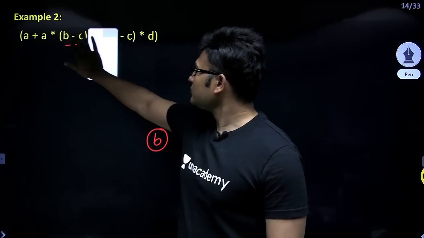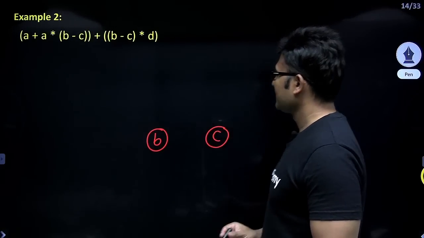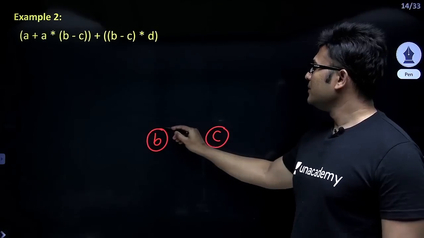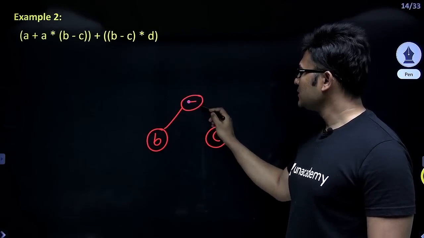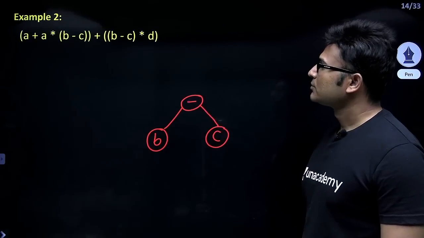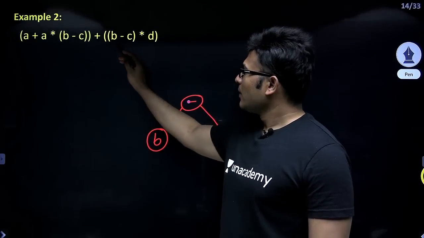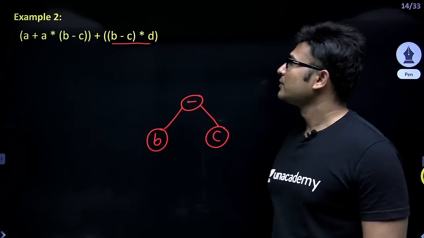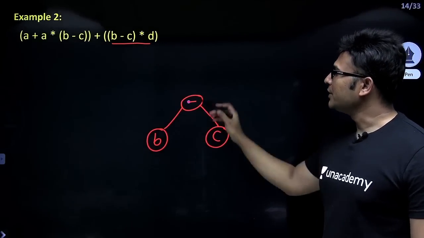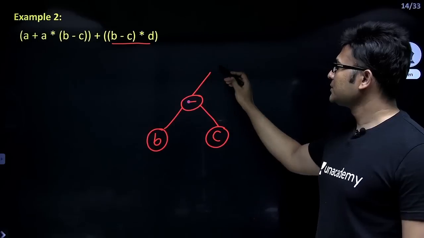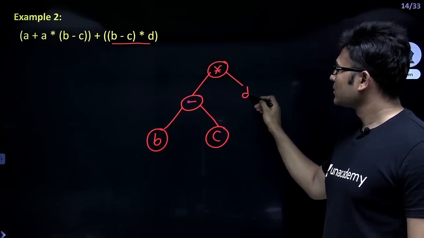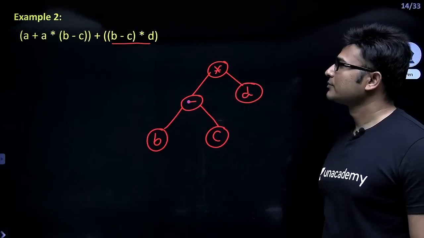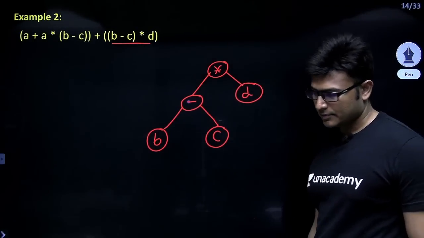Okay. Now B minus C, you compute it. B minus C is computed. Okay. Now I'll compute this part. So B minus C into D, which means B minus C into D. I'll compute it, right?